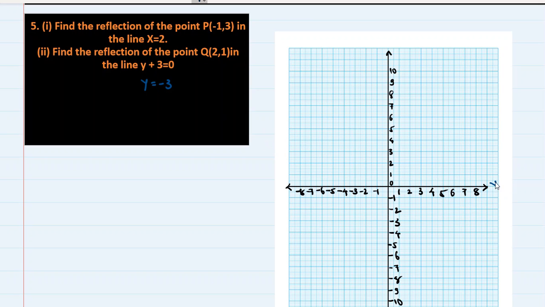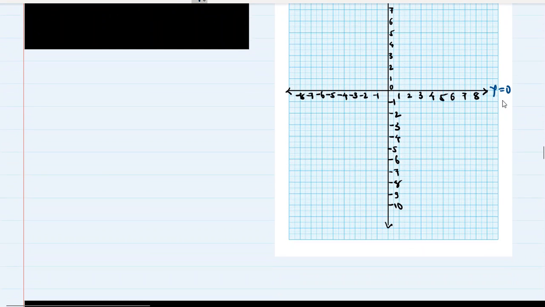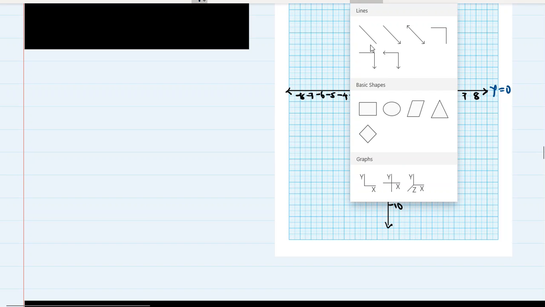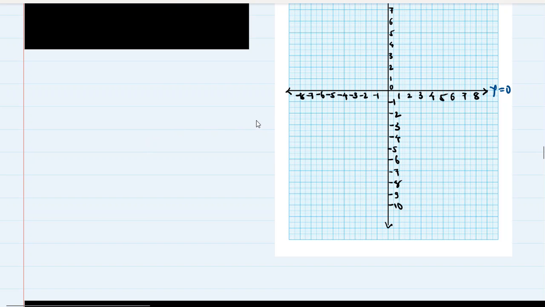See, this is y = 0, and this is x = 0. So y = -3 will be parallel to the x-axis at a distance of 3 units below the origin. That is the exact location of y = -3. Now I just have to extend it to the other side.